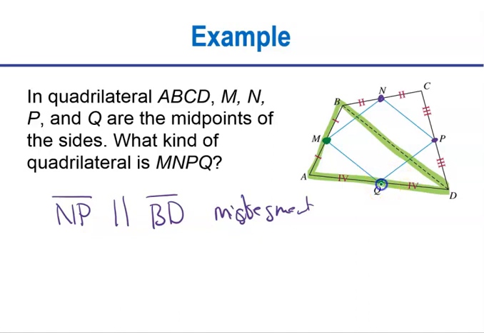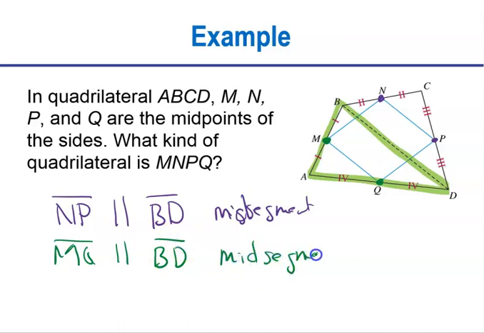Same thing over here with the 4 and the 4. That means that AQ and DQ are congruent. It also means that line segment MQ is parallel to what? The base of that triangle, which is BD. Once again, by the mid-segment rule.